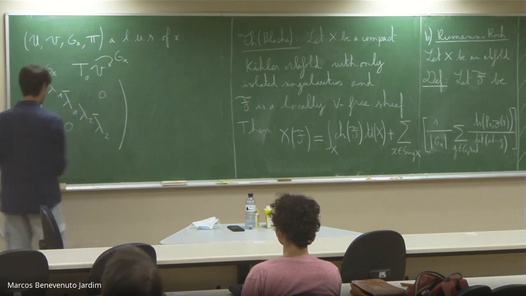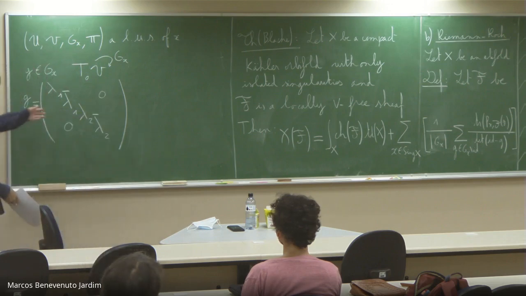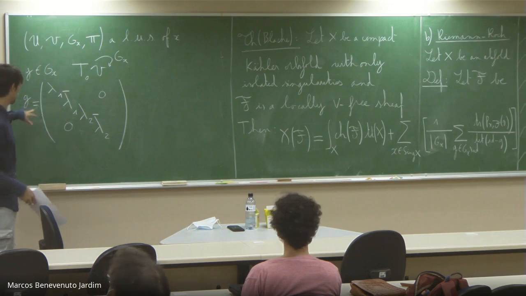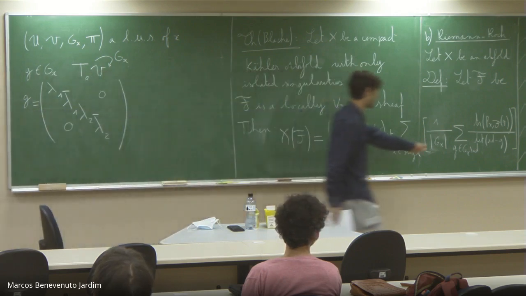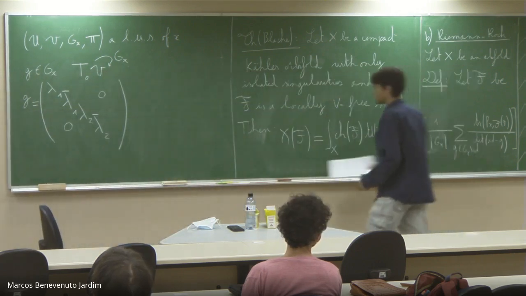So we can see g like that. Okay, so if we consider here the determinant of Id minus g, what is it?